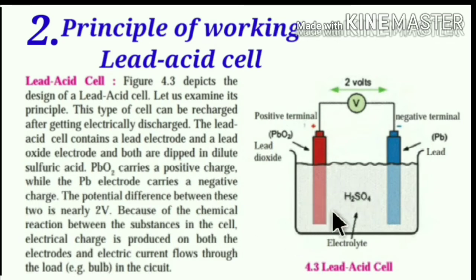So here the chemicals react, and because of that reaction, electric charge is produced on both electrodes, and electric current flows through the bulb joined in the circuit. So this is the working of the lead acid cell.